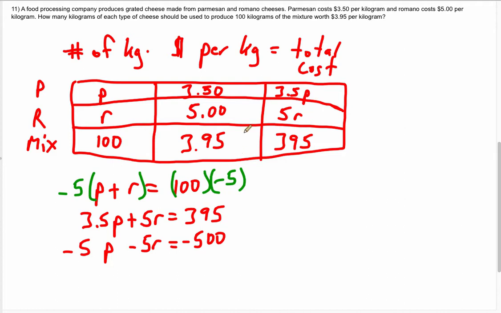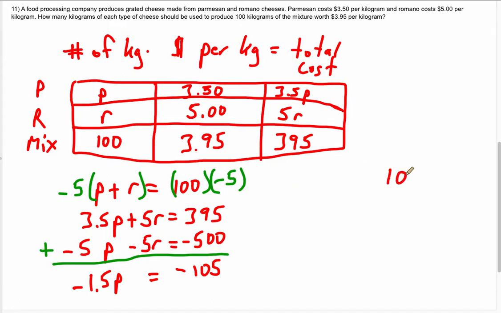And then when we add these together, we're going to get -1.5p equals -105. Okay. And then we're going to have to do some division here, dividing by -1.5.